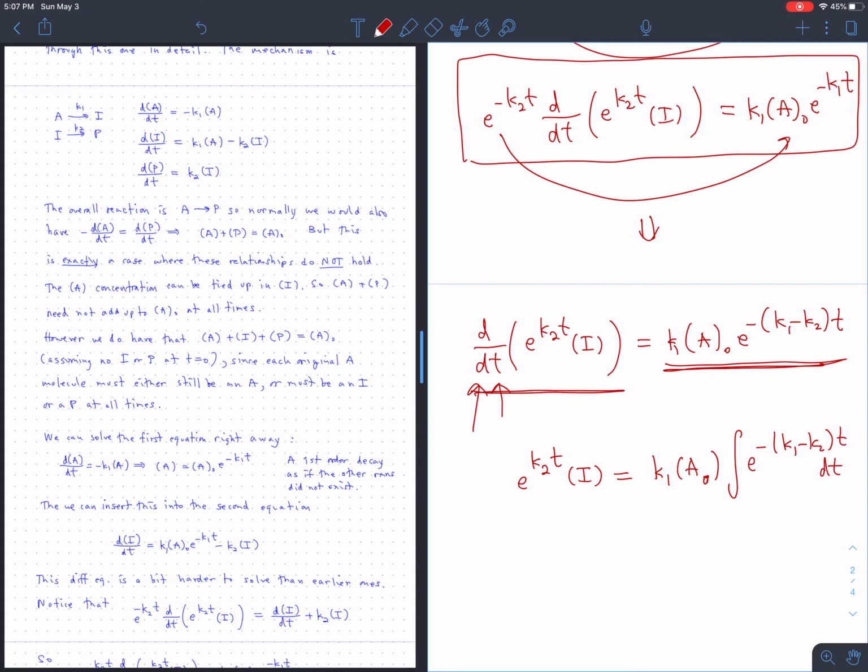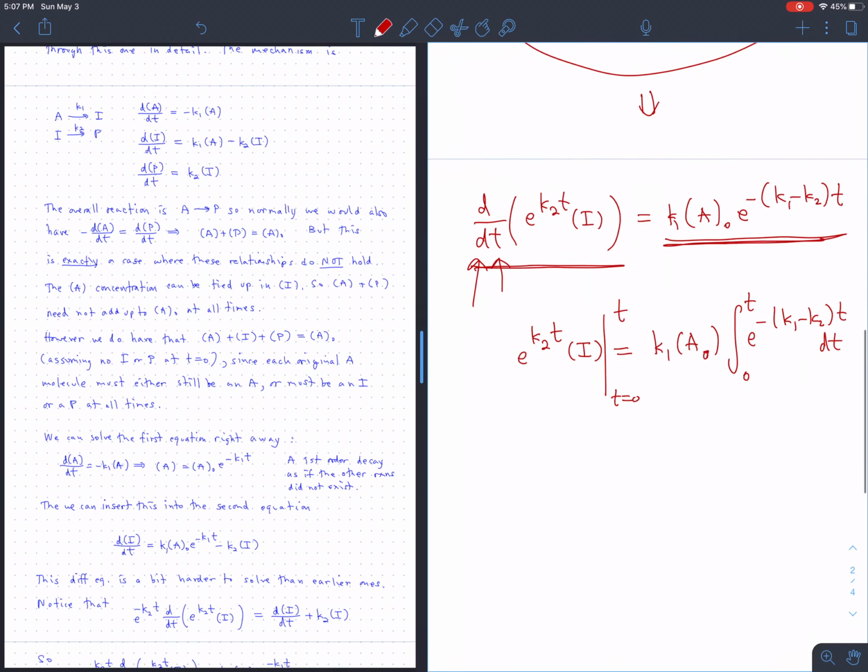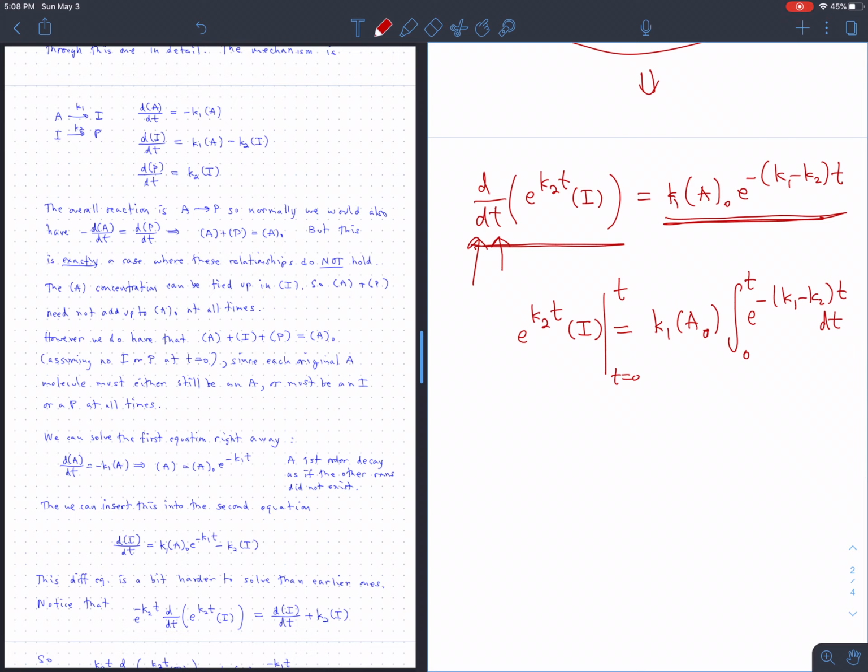Let's see, this is from 0 to t on this side, and yes, I need a constant on this side, I'm sorry. This should be the integral from t equals 0 up to t on this side as well. I need that in order to get the integration constants right.